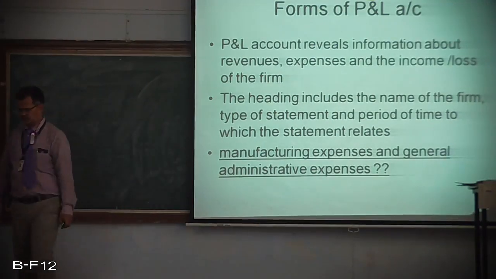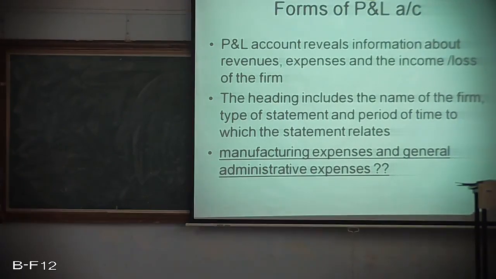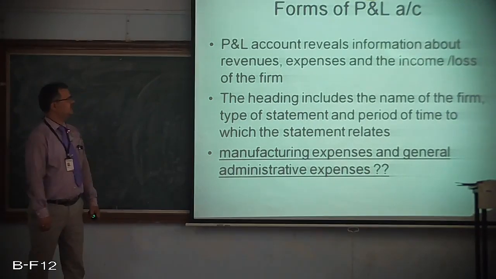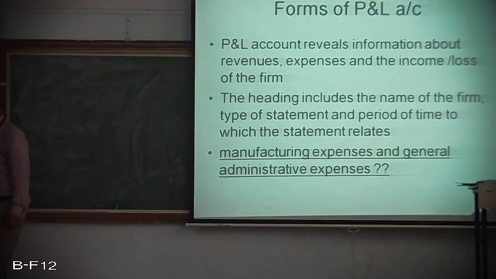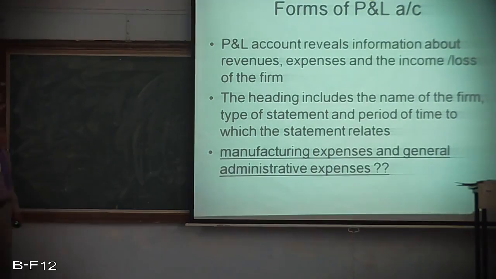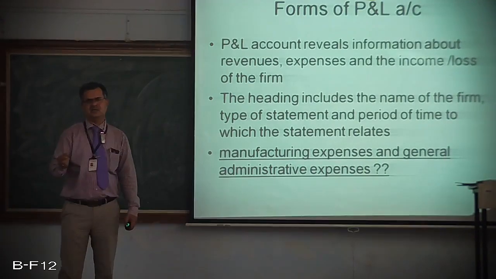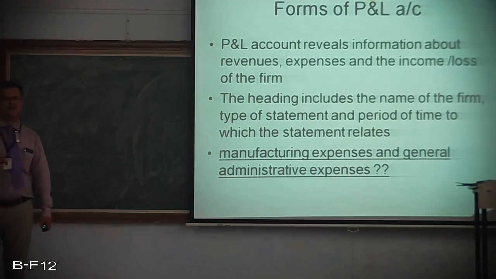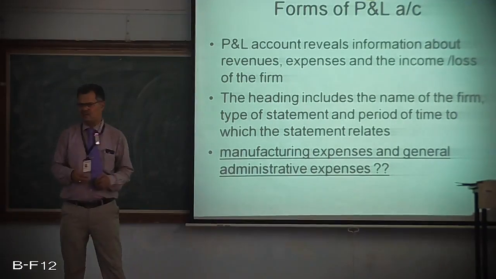Next, types of P&L account, that is profit and loss account. The P&L account reveals information about revenues, expenses, and the income or loss of the firm. Remember, I told you profit, revenue, and income are synonymous terms. But in accounting terms, revenues, income, loss, and expenses are treated differently.